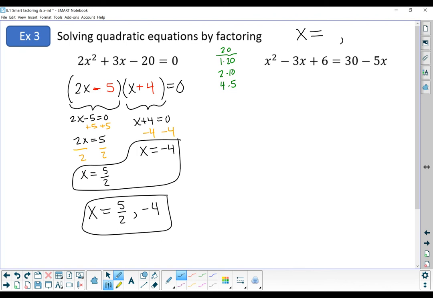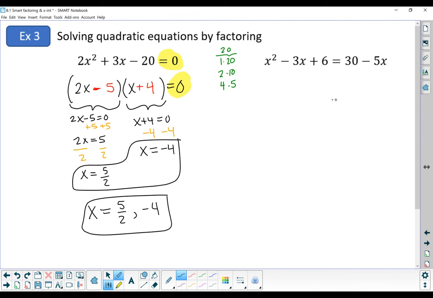The reason that this process worked great for getting our two answers is in part because our equation was equal to 0. And products that are equal to 0 are easy to solve because we can just set each of the factors equal to 0. So when you have a quadratic like this one on the right side that is not equal to 0, we have x squared minus 3x plus 6 is equal to 30 minus 5x.